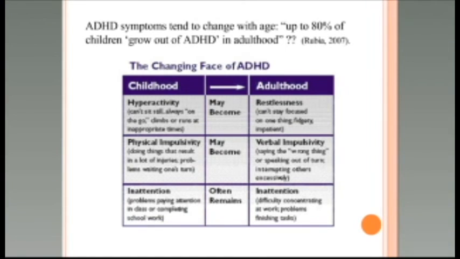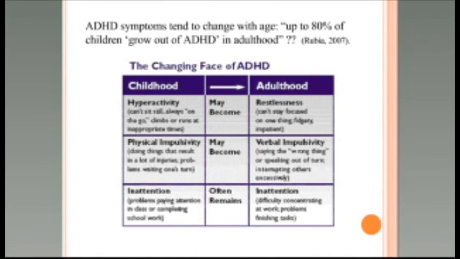So hyperactivity, as acknowledged in the DSM-5, may not be climbing or running at inappropriate times in adulthood, but may be restlessness and an inability to be patient and to remain focused. This physical impulsivity may morph into verbal impulsivity, saying the wrong thing or speaking out of turn.